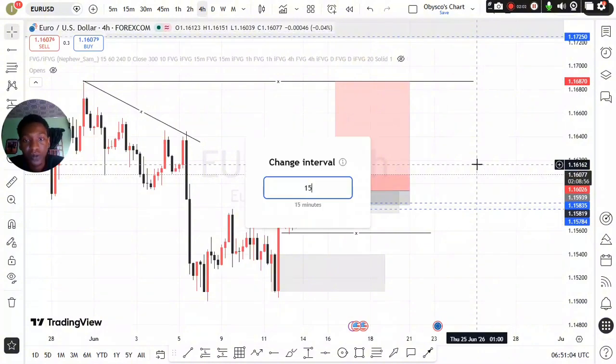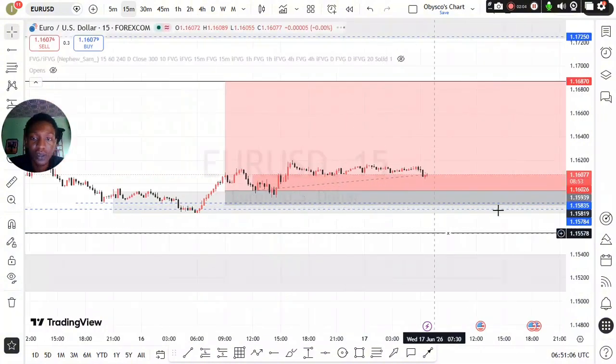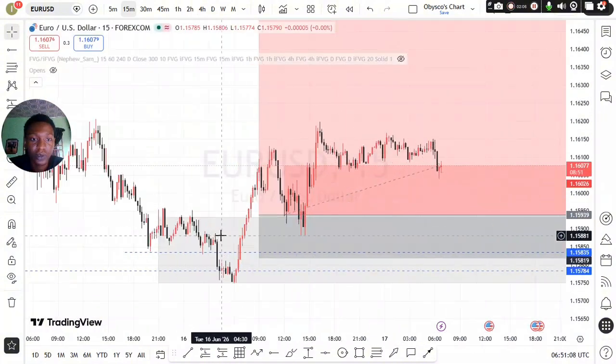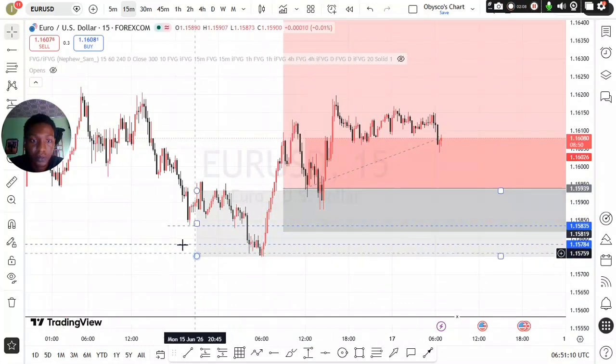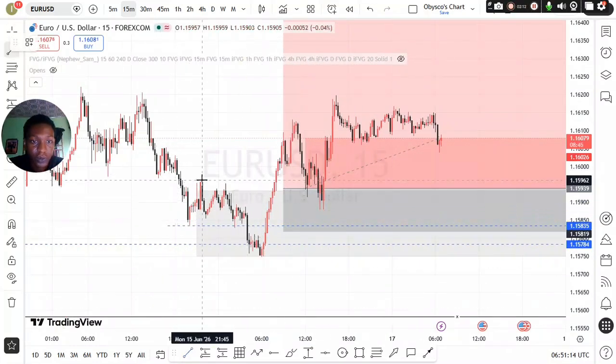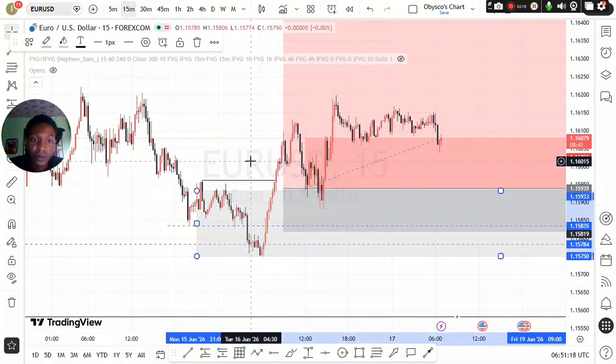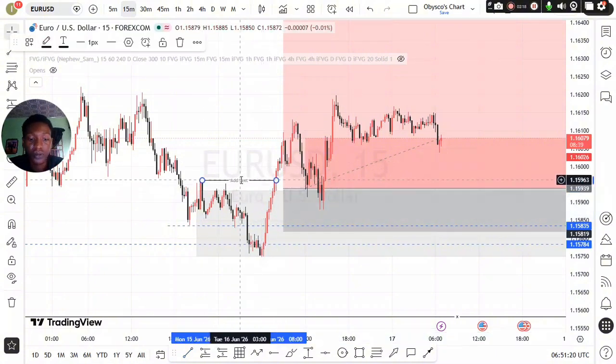So if you go to the 15 minutes, you'll see it a lot clearer. Yesterday price swept this low, and with that move to the upside, it gave a break of structure here.